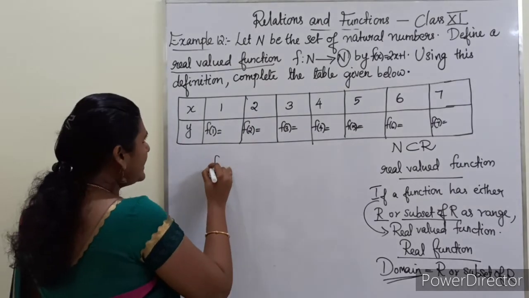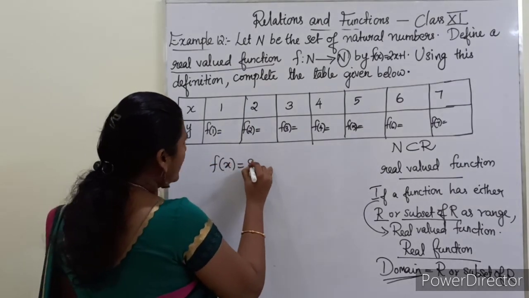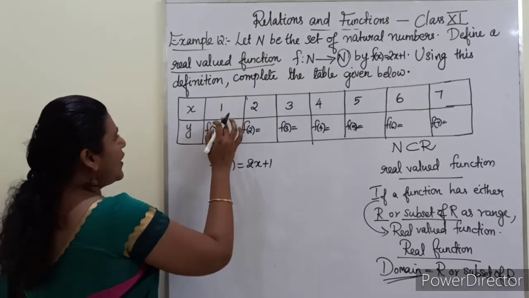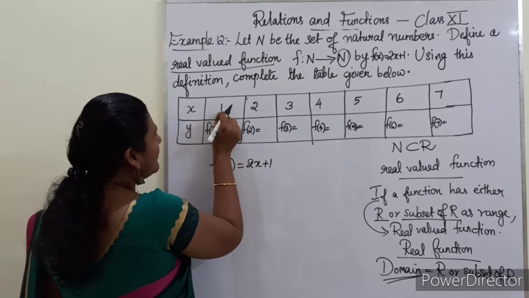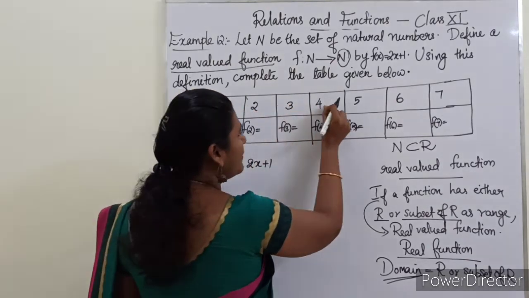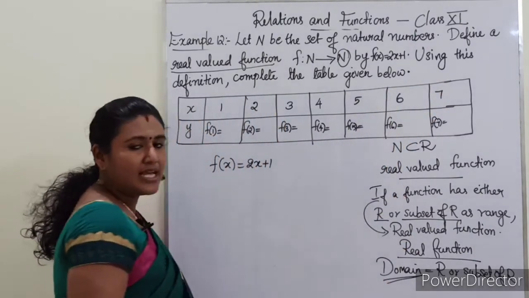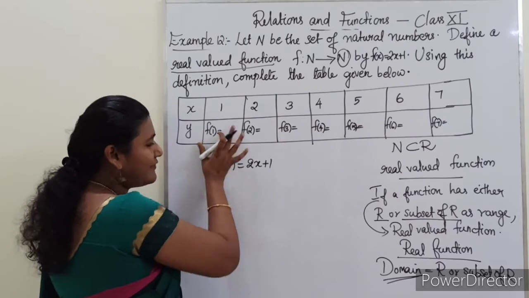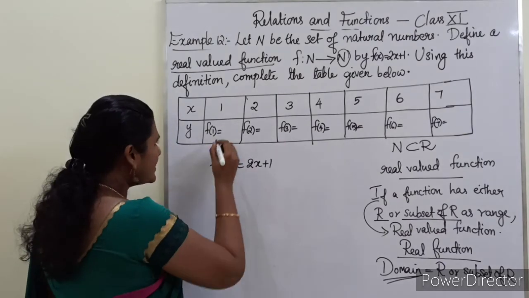Now it is defined that f of x is equal to 2x plus 1. Here we have to take values of x. We have been given values of x: 1, 2, 3, 4, 5, 6, 7. We have to find the f value. It's very simple.